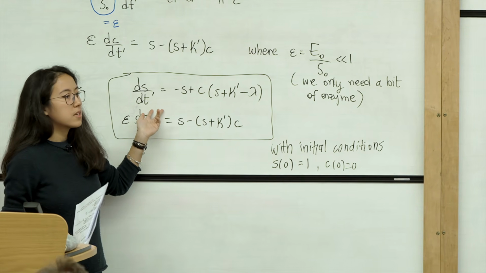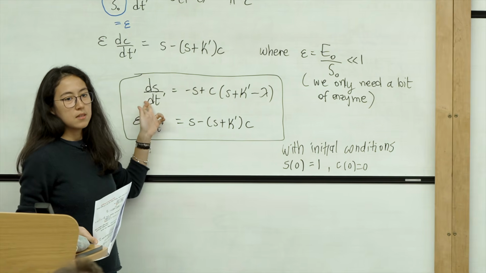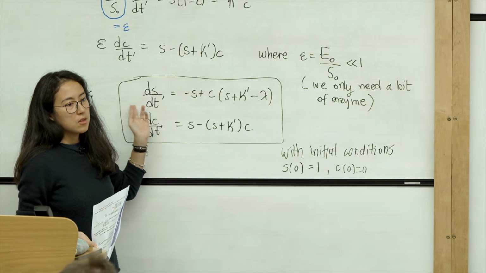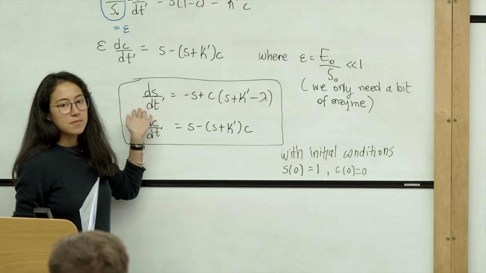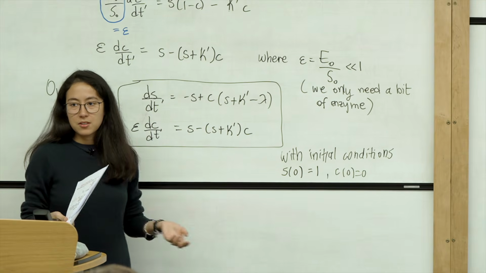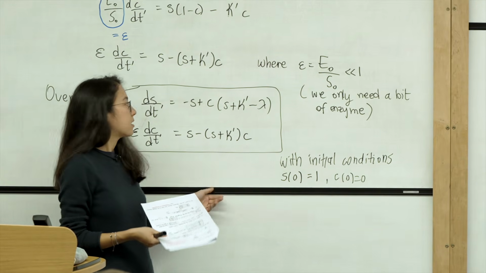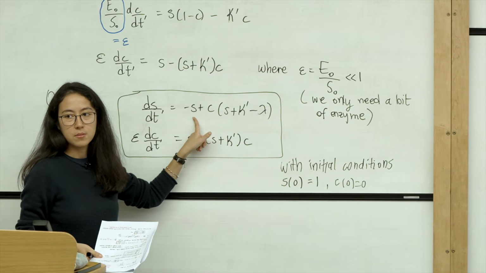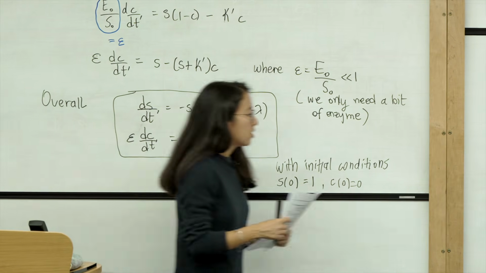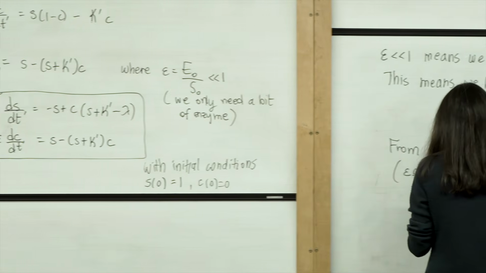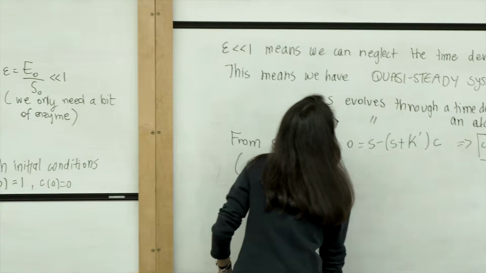What type of ODE is it? It's a first order ODE. What methods do you know usually to solve first order ODEs? Integrating factor, right? Or separation of variables. In this case, it will be an integrating factor because you have the substrate concentration. OK, so let's do it together.